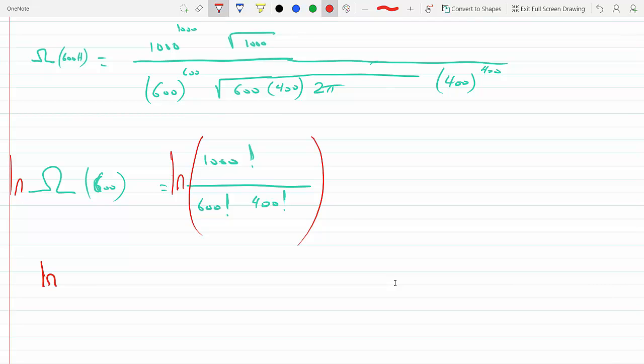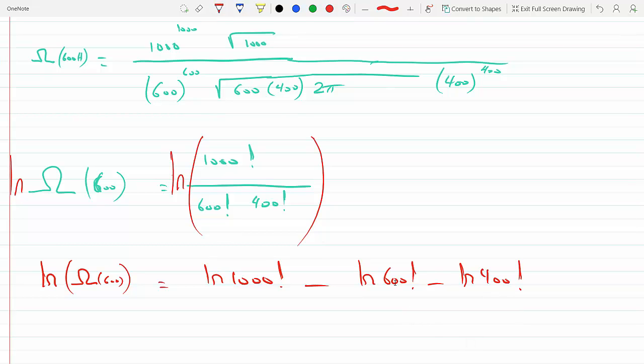So ln of the probability of 600 heads is going to be ln 1000 factorial minus ln 600 factorial minus ln 400 factorial.